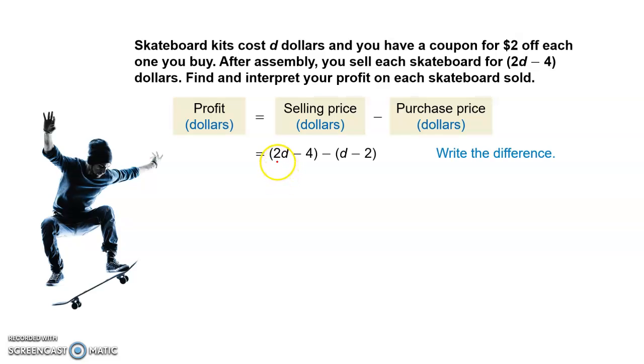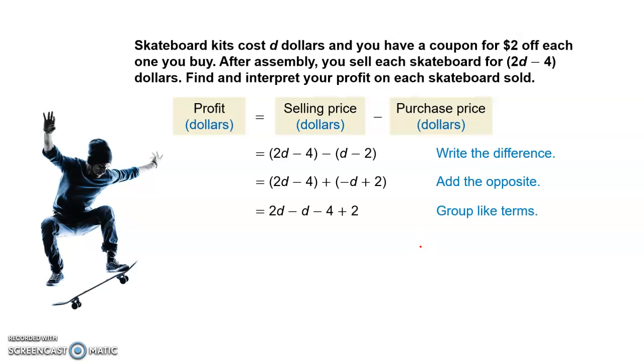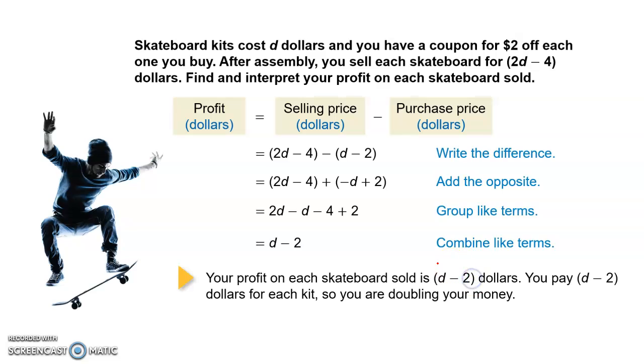So you have 2D minus 4 minus D minus 2. Okay. So if we add its opposite, combine like terms, you get D minus 2. So your profit on each skateboard is the number of dollars minus 2 that you pay. So basically you'll be doubling your money.